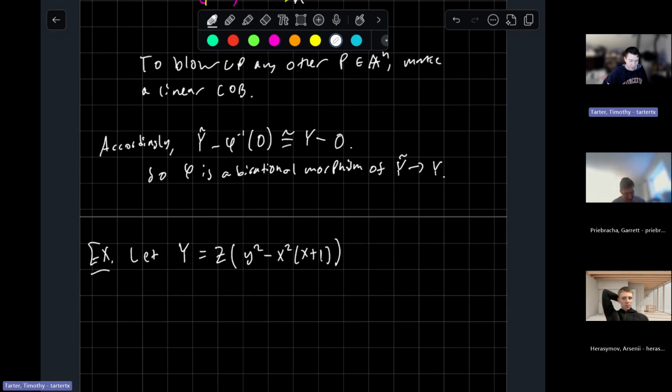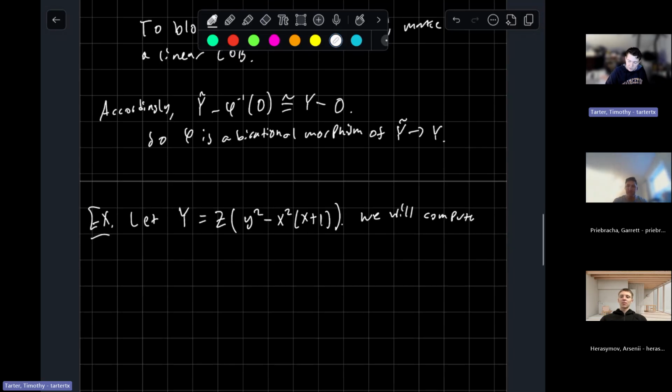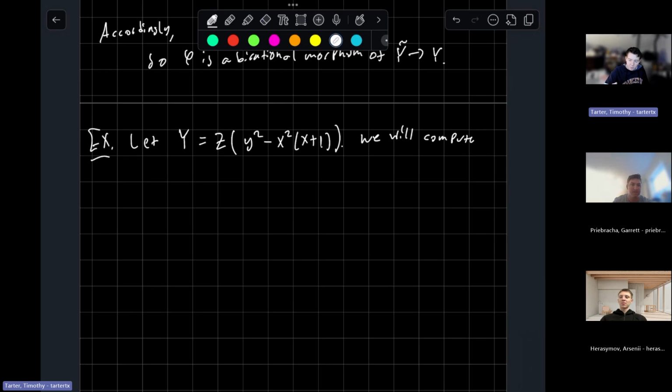This is called the plane cubic. We will compute the blow up at 0 of y.